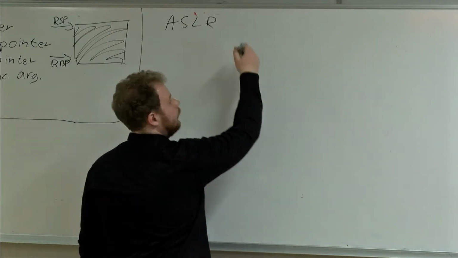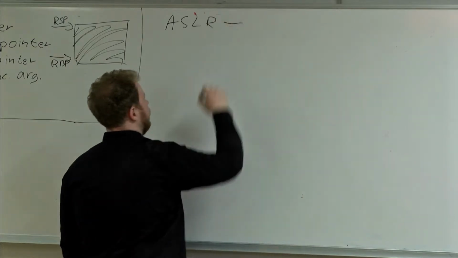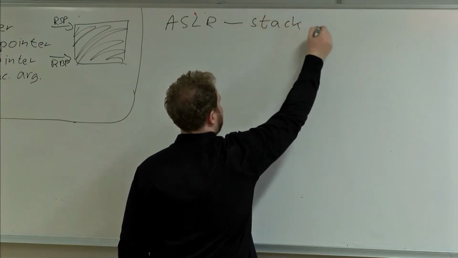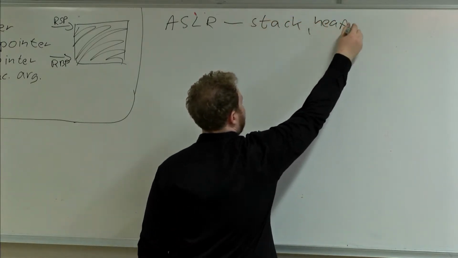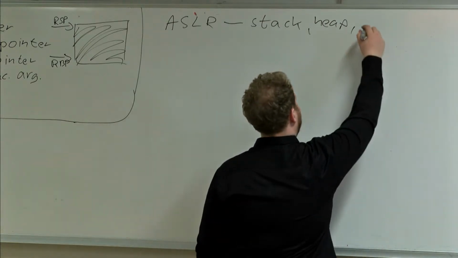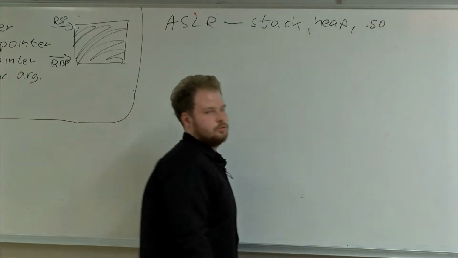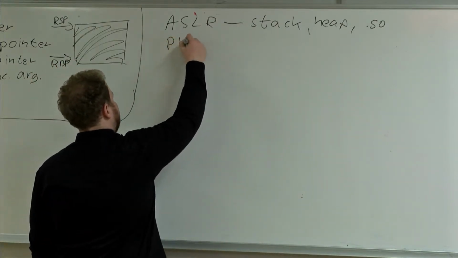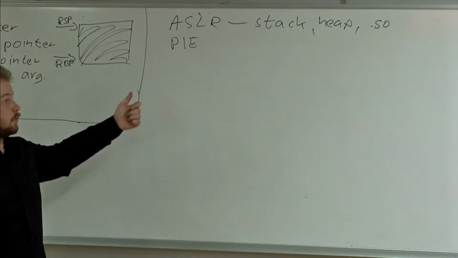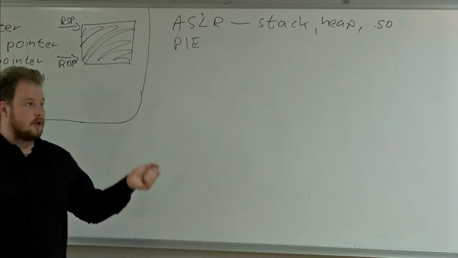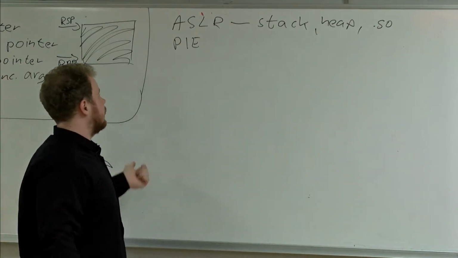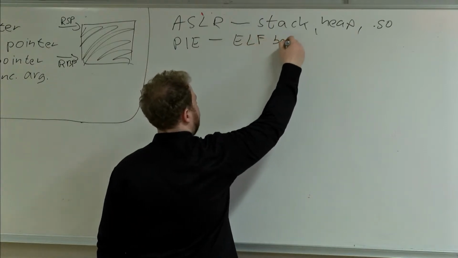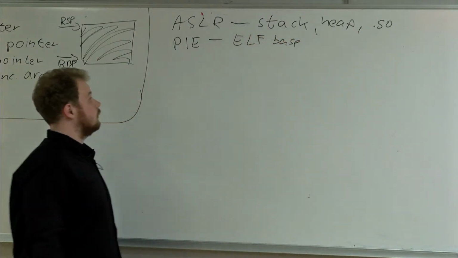Just Google it. Okay, so ASLR randomizes the location of the stack, heap, and .so, so shared libraries. While if PIE, which is short for position independent executable, is enabled, then also the ELF base gets randomized.